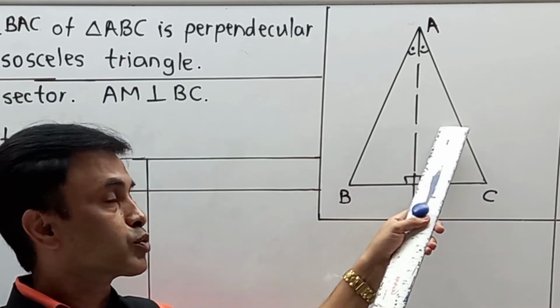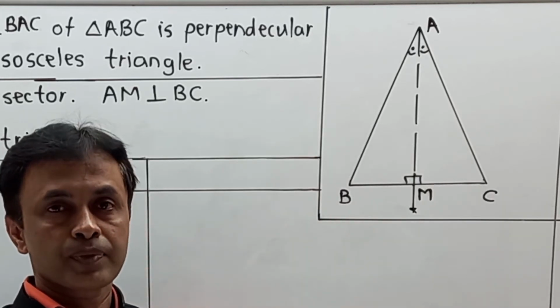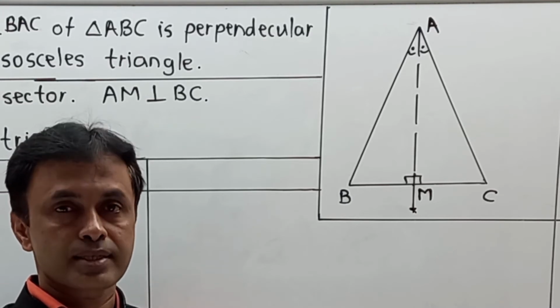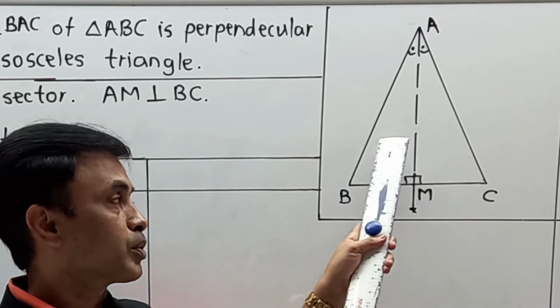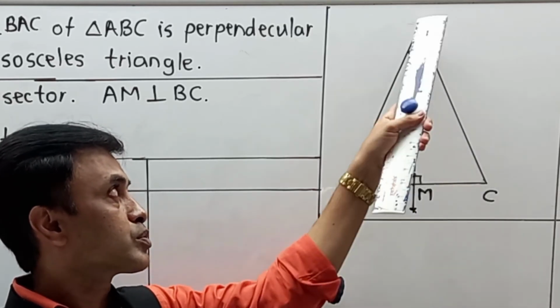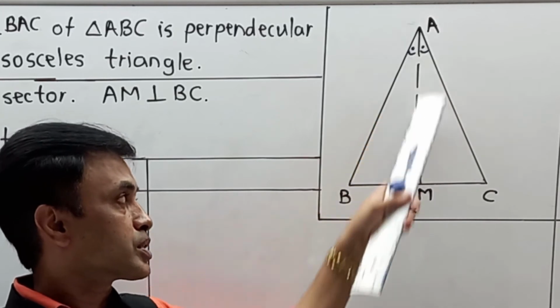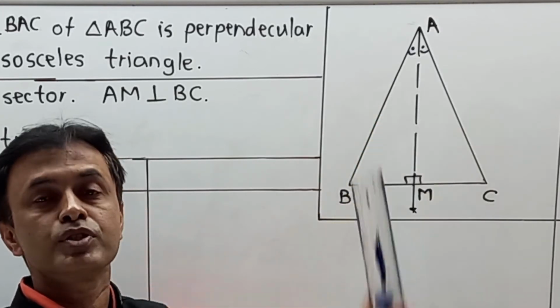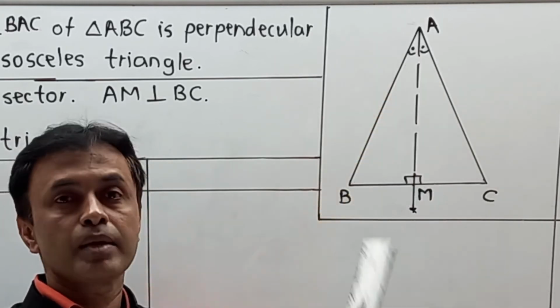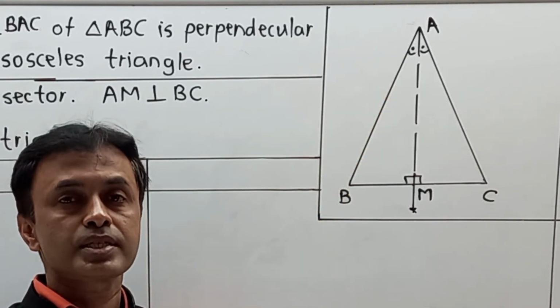We have to show that these two triangles are congruent. To show that, you have to identify the test. First, angle BAM is equal to angle CAM, because AM is the angle bisector given by them. Next, segment AM is congruent to segment AM, a common side.